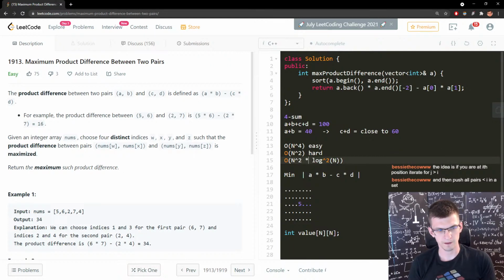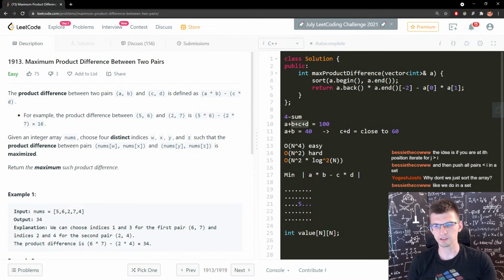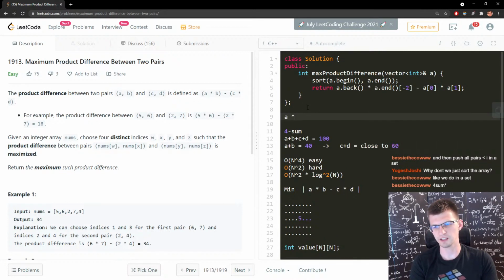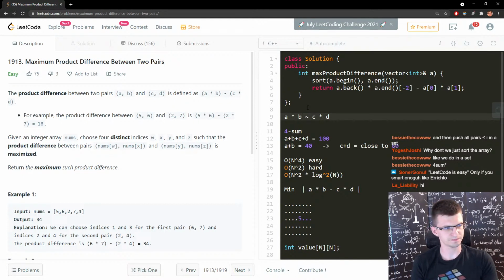So, Bessie, this idea you're saying works for sum because here the order of A, B, C, D doesn't matter. But for the product, if you say A times B needs to be close to C times D, then suddenly the order matters, right?